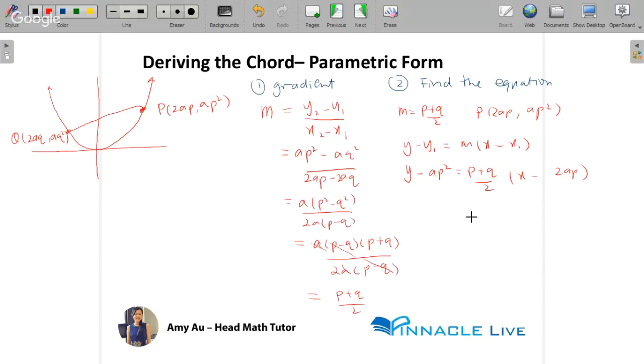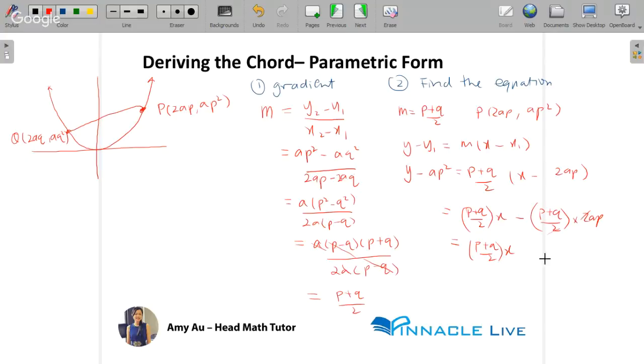Now with expanding this, there's a little bit of skill to this, just knowing not to fully expand this. All I want to do is multiply this whole thing to the first term and then multiply this whole thing to the second term. So we've got (p plus q) on 2 times x, minus (p plus q) on 2 times 2ap. That's going to be intact, we're not going to touch that. And then we're going to simplify this a little bit.